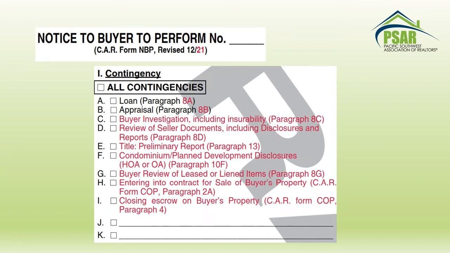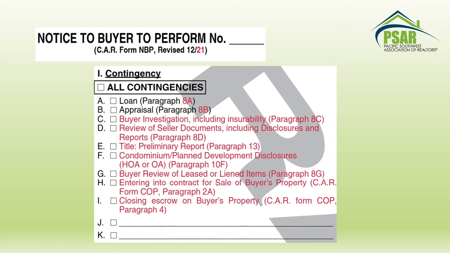Many people think that there's a whole lot more of them. And when we look at it, a lot of these fall under investigation. Seller documents, condominium HOA docs, leased or liened items, all of those things fall under that buyer investigation. But one of the things that we found is that CAR wanted to break these out so people would not remove the investigation contingency when certain things had not been investigated yet.